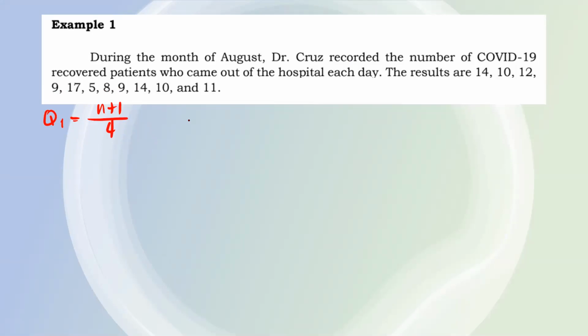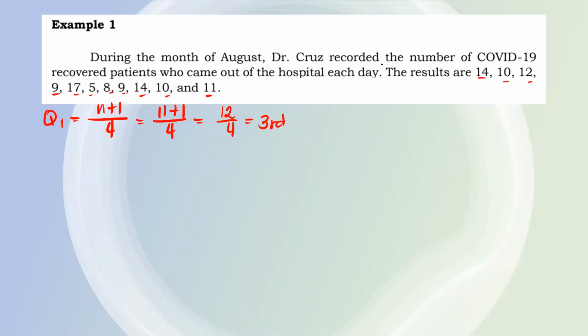We have to locate. Ilan po yung data natin? 1, 2, 3, 4, 5, 6, 7, 8, 9, 10, 11. So we have 11 plus 1 divided by 4. And that is 12. Oh, sakto pala. 12 divided by 4 is 3. That is the third data.